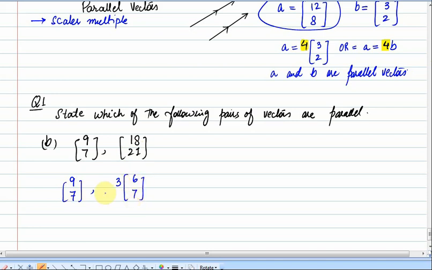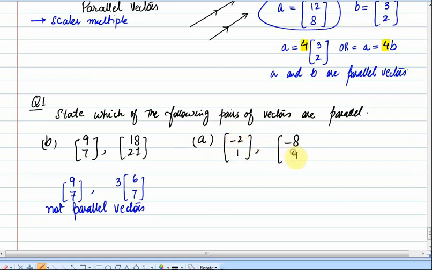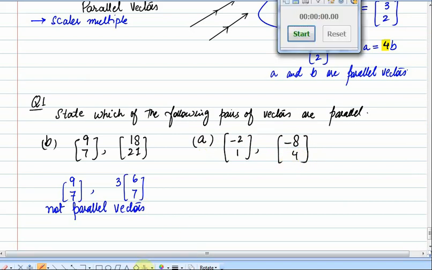But 6, 7 and 9, 7 are not the same. So they are not parallel vectors. Now you will start with part A. It's minus 2, 1, minus 8, 4. You have 10 to 15 seconds to start.